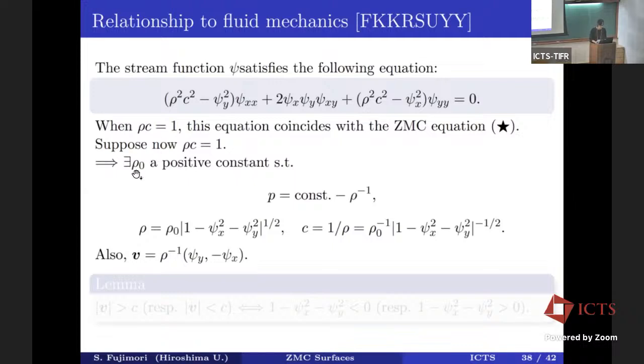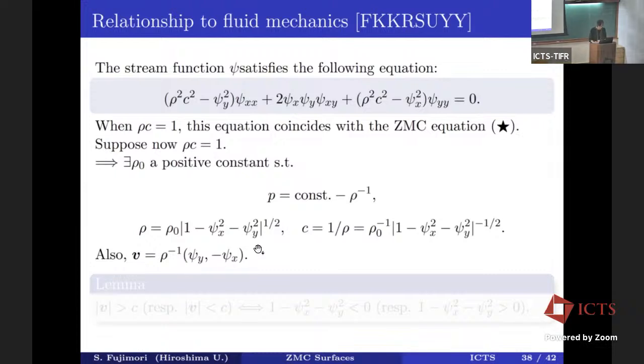Then there exists a positive constant rho naught, so that p equals a constant minus rho naught times 1 over rho. And rho is rho naught times this, and c equals this. Also, the velocity vector v is equal to this.